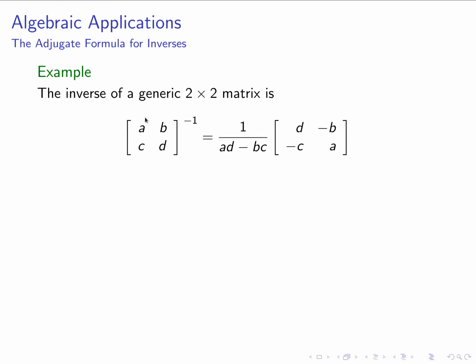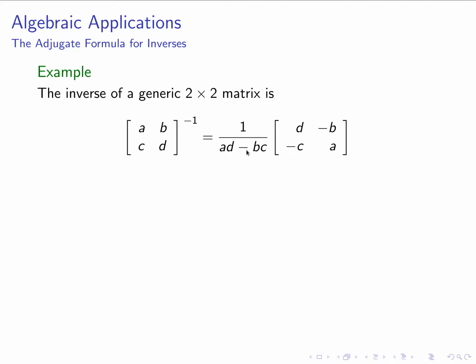And remember the determinant of a 2 by 2 whose rows are A, B, C, D is A times D minus B times C. And then the adjugate of a general 2 by 2 with those rows has rows D, negative B, negative C, A. So if AD minus BC is non-zero, we know our 2 by 2 is invertible.